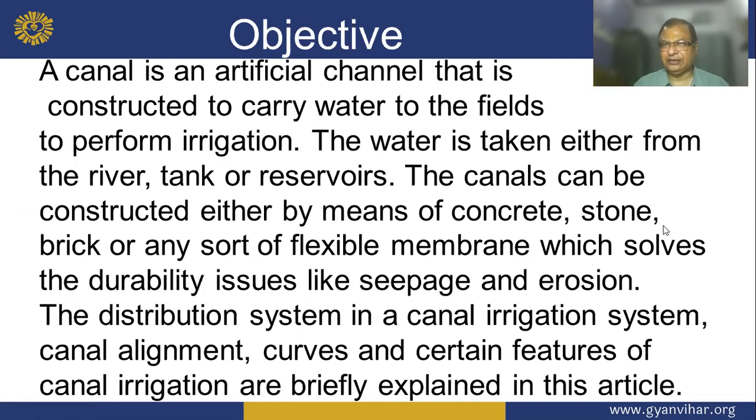You can provide a cross regulator at any place, an escape at any place, so many structures in the open channel. But you can't provide these in a pipeline. So there is no question. Water can be supplied by pipe also.